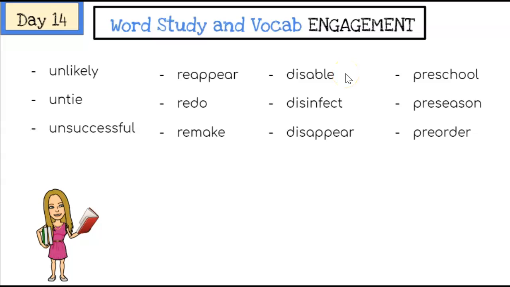Disable is the opposite of able. Disinfect is the opposite of infect. And disappear is the opposite of appear. Over here we have preschool. This is before school.